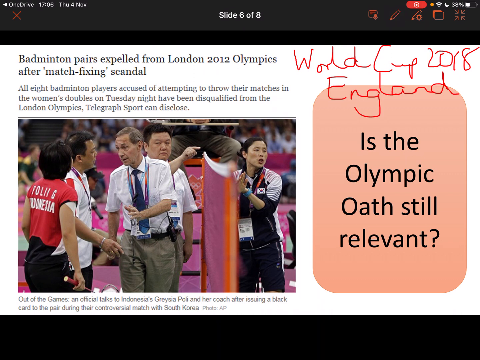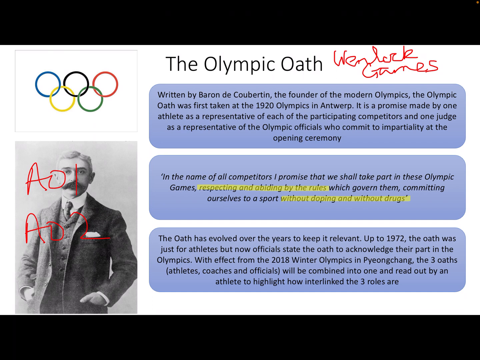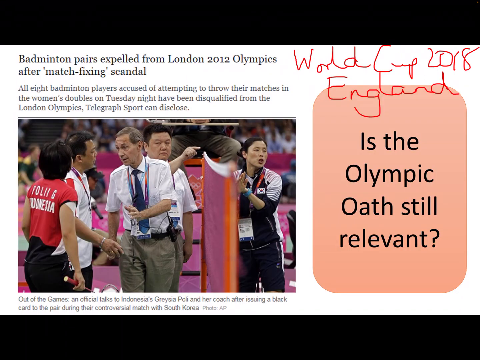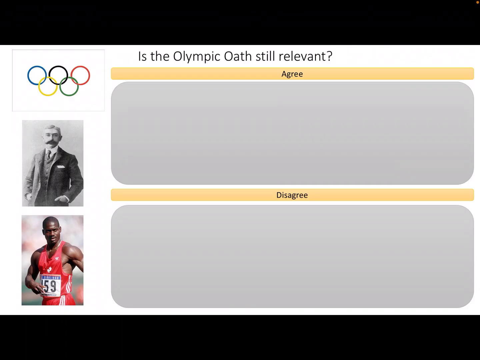So the big question comes in, and this is where the AO3 comes in: is the Olympic oath still relevant? If I go back a slide, that bit in the middle there, and all the information that we talked about here, is it still relevant in the 21st century? Okay? Now the final sheet that you should have is this, okay?